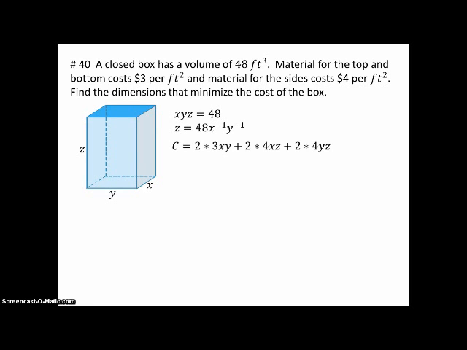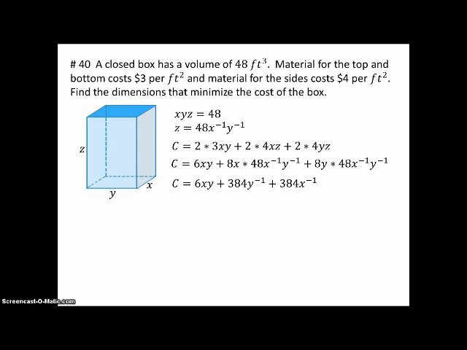And our cost is going to be 2 tops and bottoms at $3, both x, y, and then 2 sides that are xz and 2 sides that are yz, each at $4. So we're multiplying by the number of sides and by the dollar cost. Substitute for z so that we only have 2 variables and simplify.